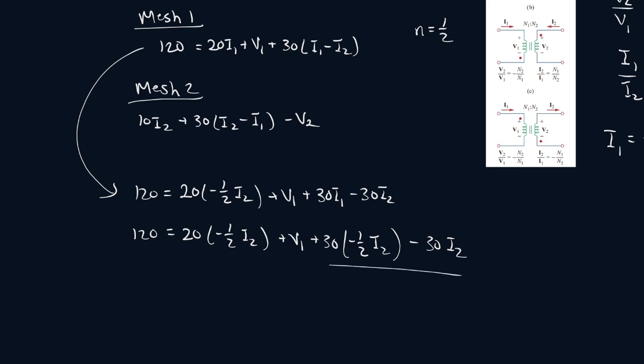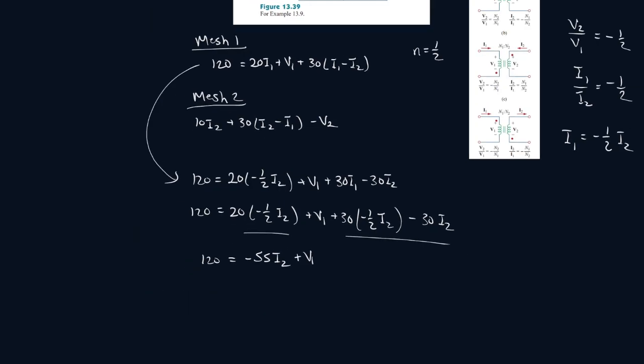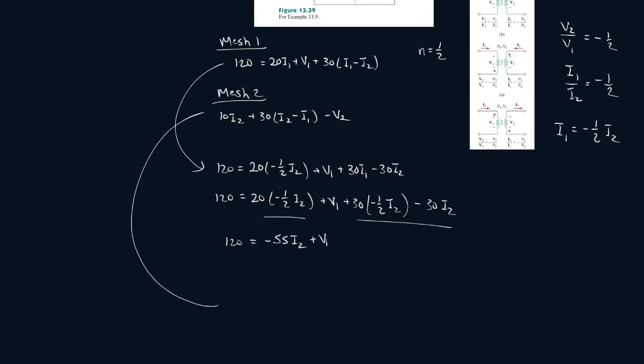Okay, so now I'm just going to add all three of these up, and you should get minus 55 I2 plus V1. Let me also do this one.